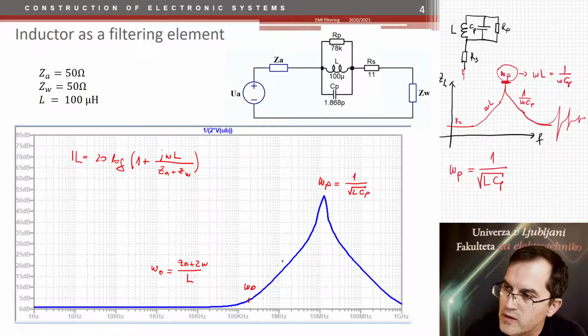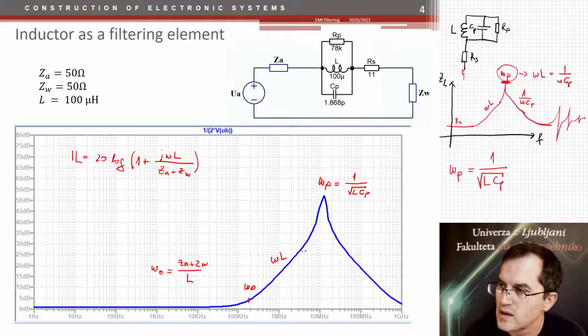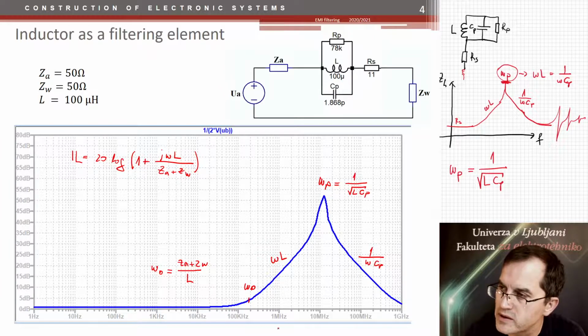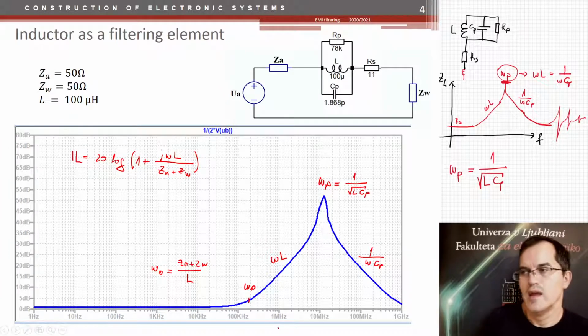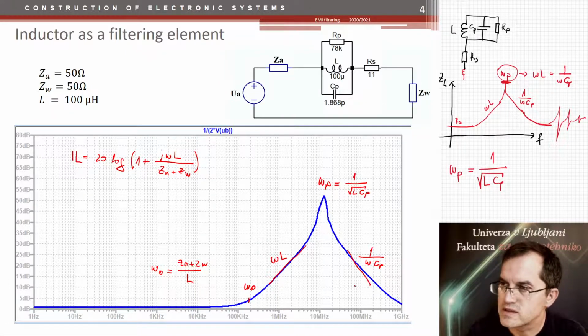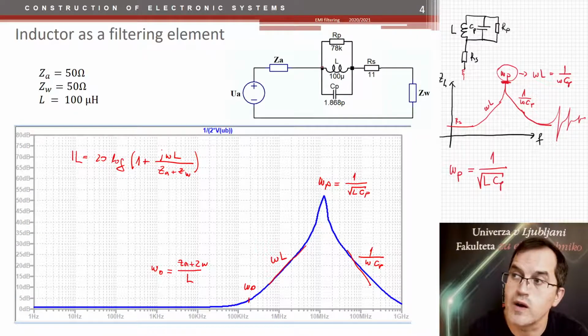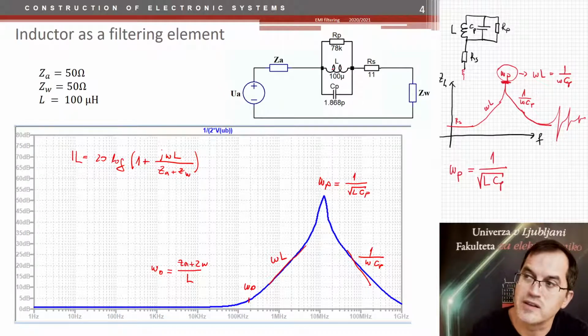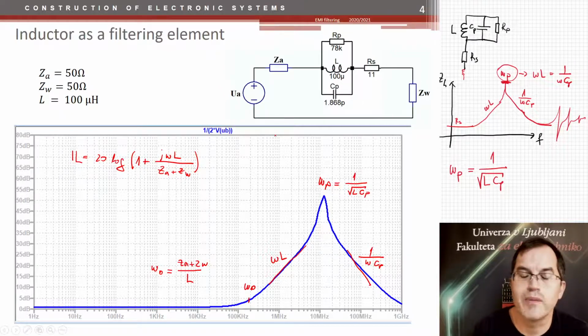Now here we have a part which is actually defined by omega L, and here we have the part which is defined by 1 over omega C parallel. So omega L is here, here is 1 over omega C parallel. So our insertion loss at high frequency is defined by the capacitance between the windings of this coil.